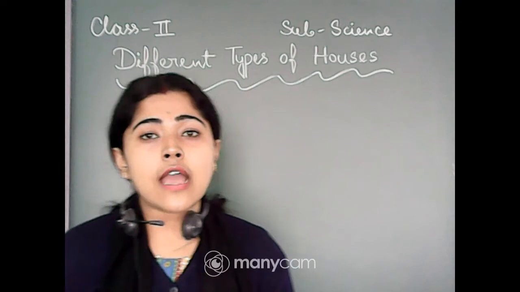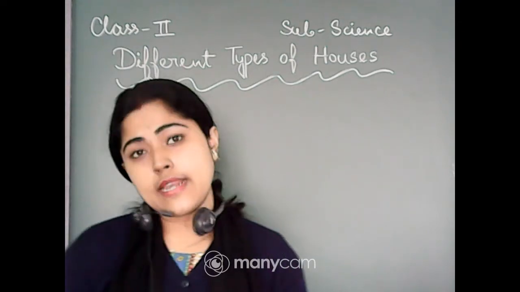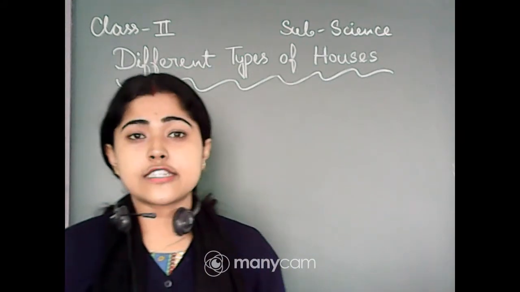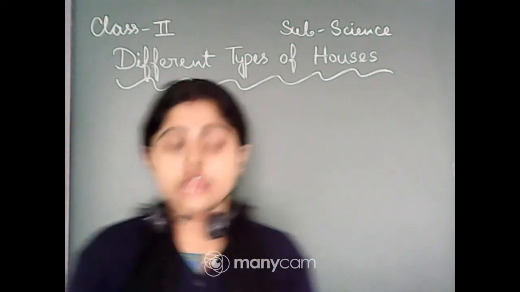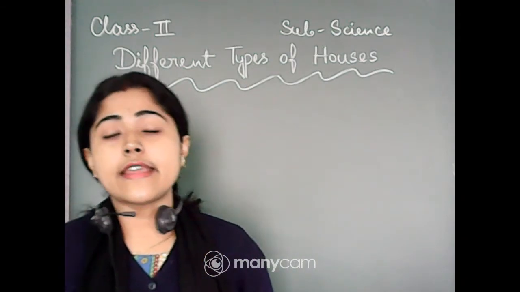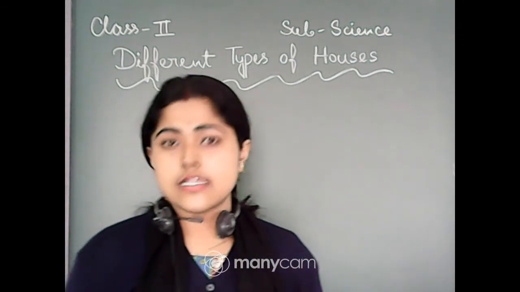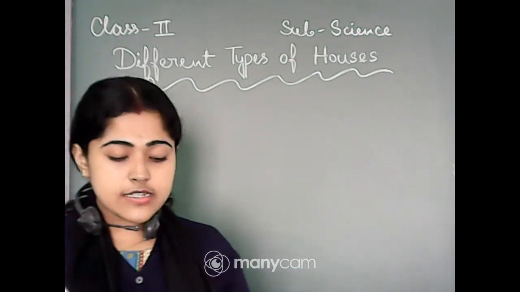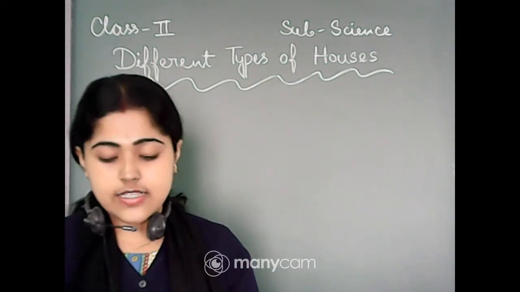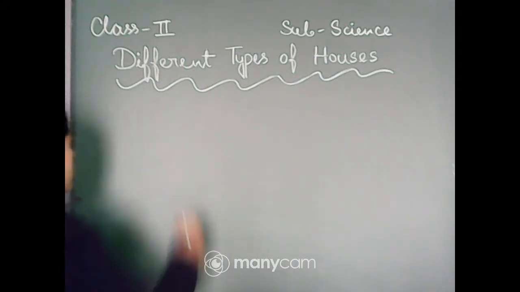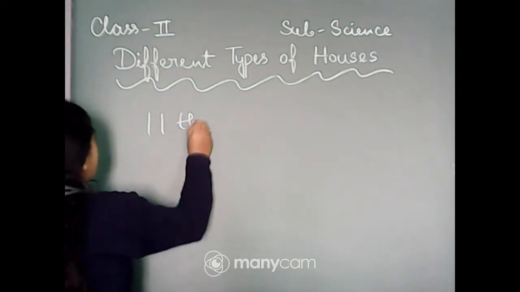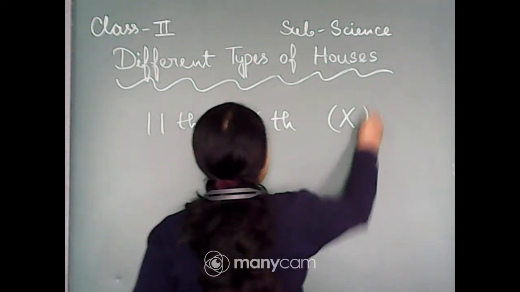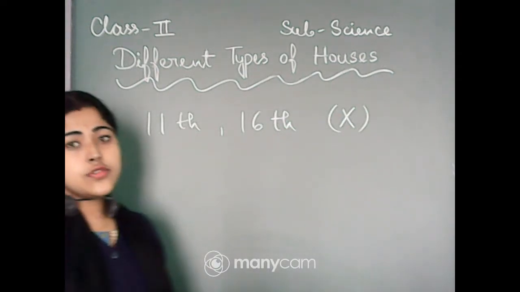Okay, and about the syllabus of term 2, I already told it or not. The Sun and Our Shadow and Rocks and Minerals will not be held in your exam, and the rest of the part from chapter 8 to chapter 15 will be held in your term 2 syllabus. So make it cross: the 11th chapter and the 16th chapter will not be held in your term 2 exam.